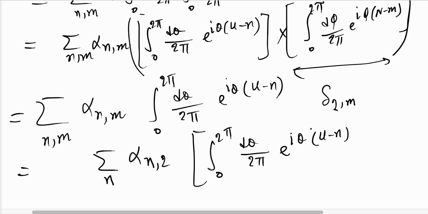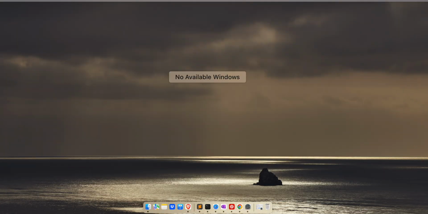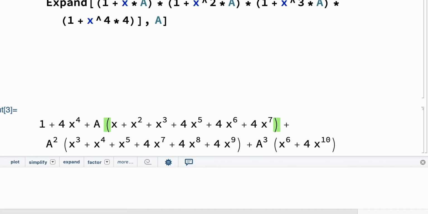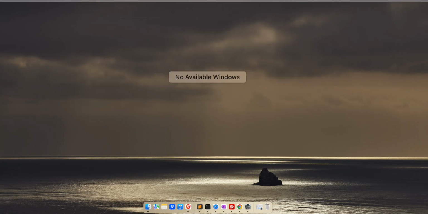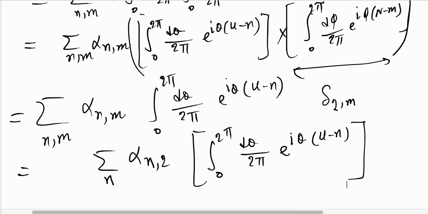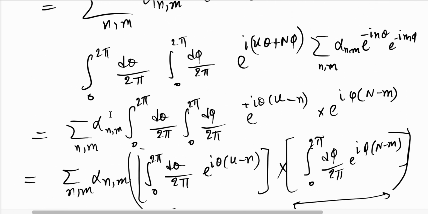Now you can see why in Mathematica I collected all those terms whose power is in the power of a. As I represent the mathematics in a concise way, this m actually represents the power of a.